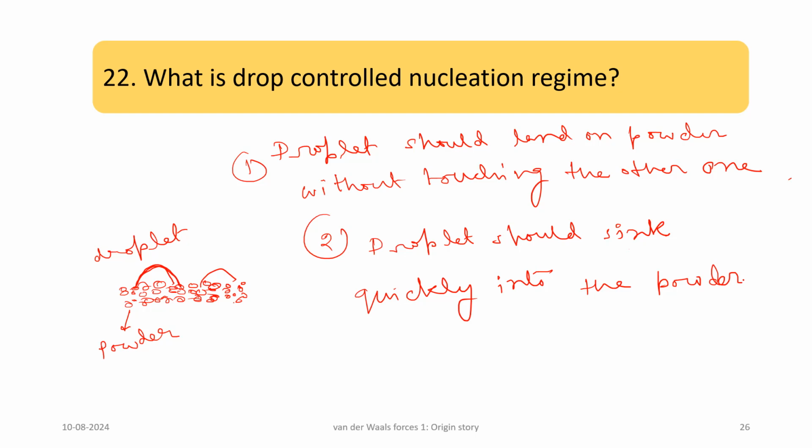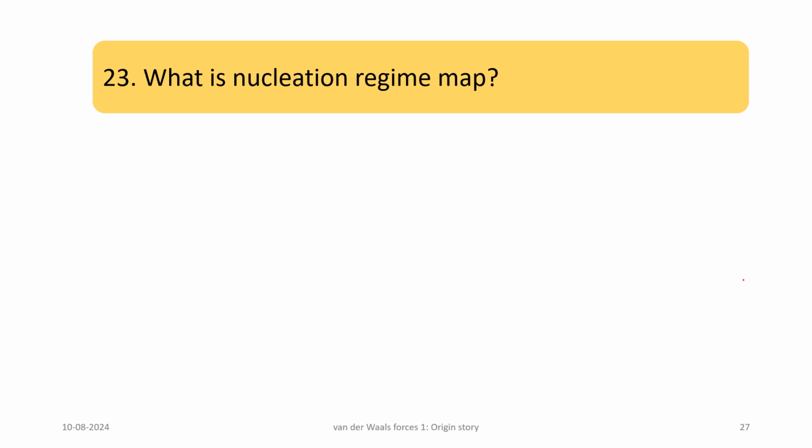It happens at low penetration time and low dimensionless spray flux. That means a low rate of spray of droplets can lead to the droplet controlled nucleation regime. Next, what is the nucleation regime map? There is a nucleation regime map that shows droplet coalescence and droplet generation.